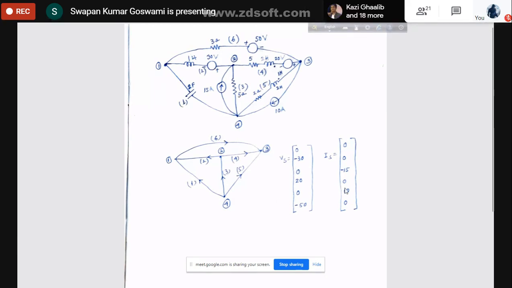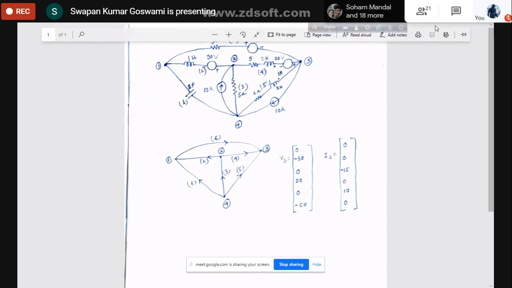Now come to the current source. There are 2 current sources, at element number 3 and element number 5. So elements 1, 2, 4, 6, these 4 elements do not have any current sources, so those elements will have 0 entry.